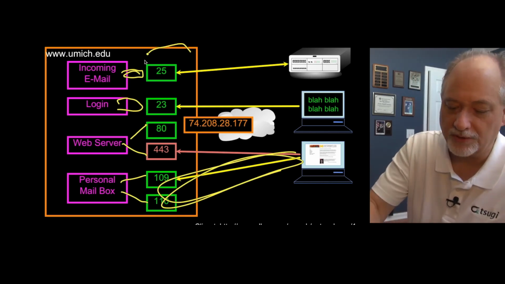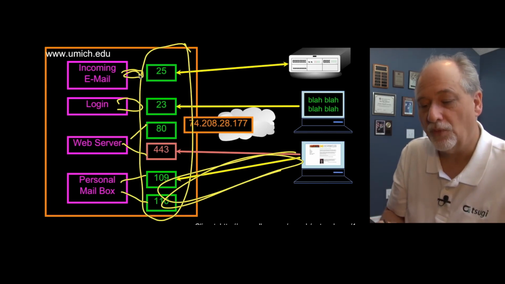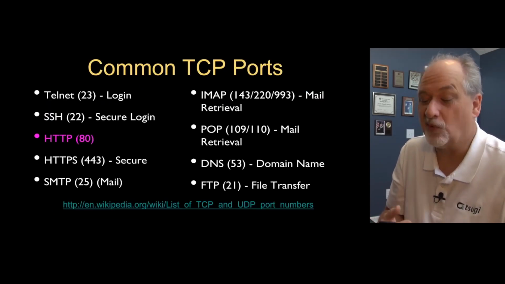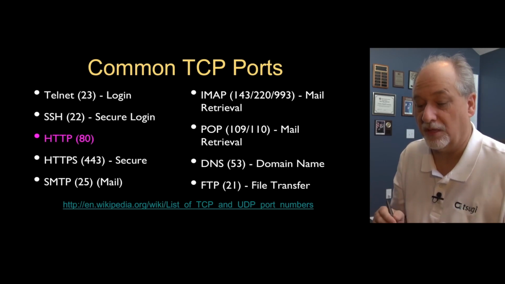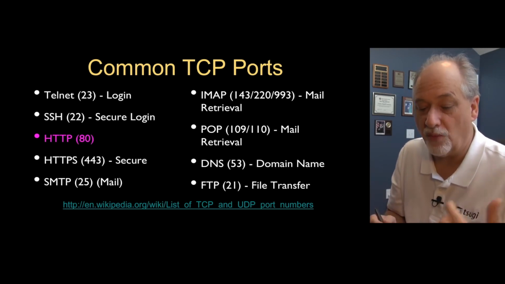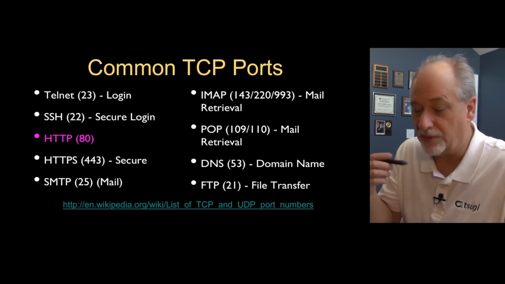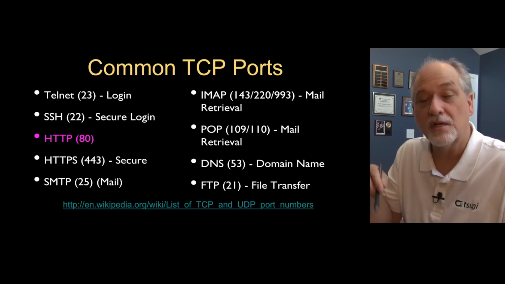So these ports are those extensions, and by convention we have standards that tell us what to roughly expect at those ports. So when you're talking to port 80, you expect to talk to a web server or an HTTP server. If you're talking on port 23, you expect to talk to a telnet server, and on and on.